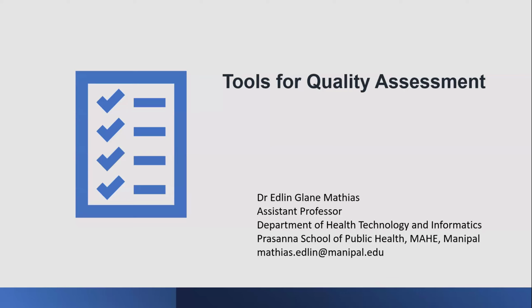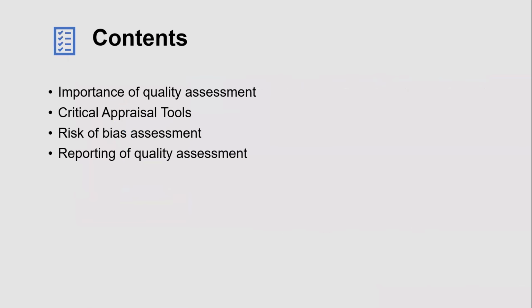At this stage, once you finish your full text screening, you'll be including studies for your review. Those studies will be taken for the quality assessment. In my presentation today, I'll be talking on what is the importance of quality assessment, what are different kinds of quality assessment tools that will be used, then risk of bias assessment and reporting of the quality assessment.